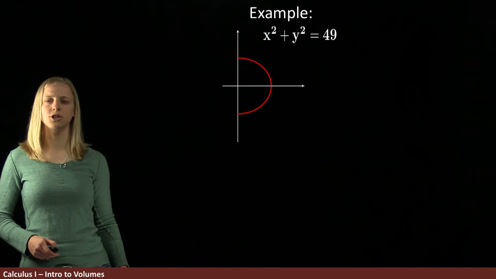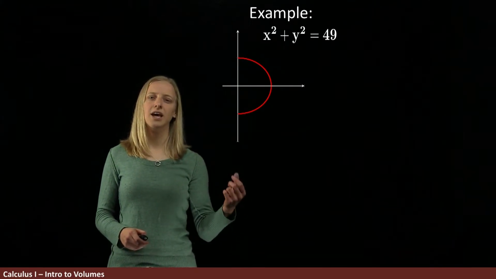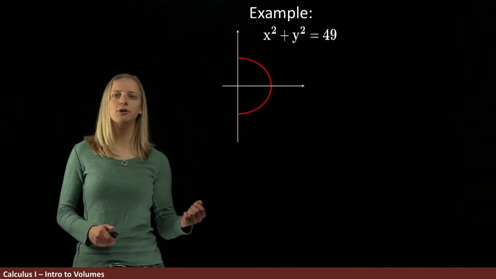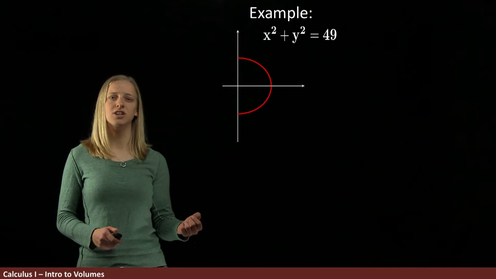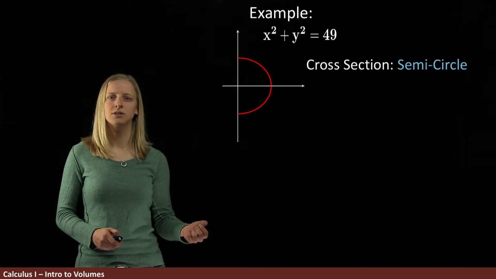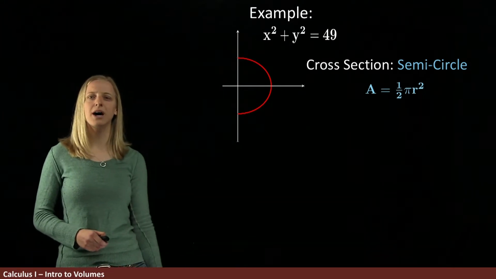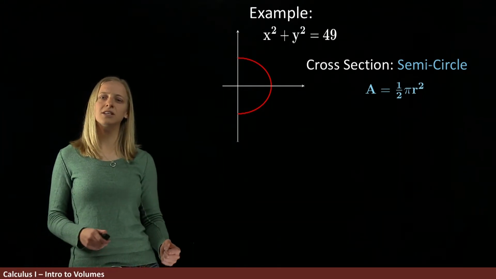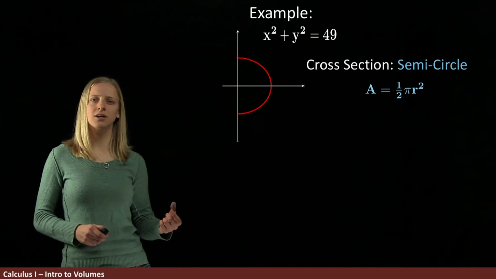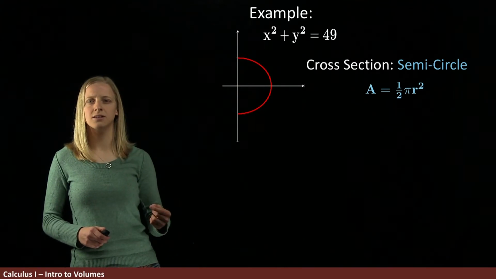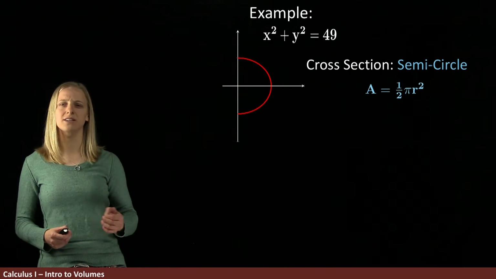The first thing to do is to look at the area of the cross section. We've already decided that the area of the cross section is a semicircle, and so because of that, we have the area being 1/2 pi r squared. Well, we now need to decide what r is in terms of x. And how do I know to put it in terms of x and not y?